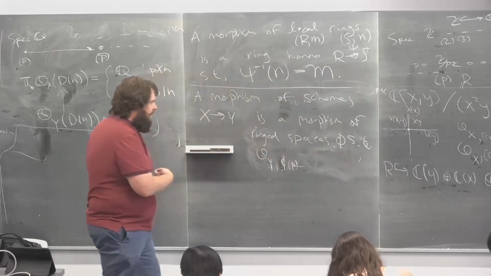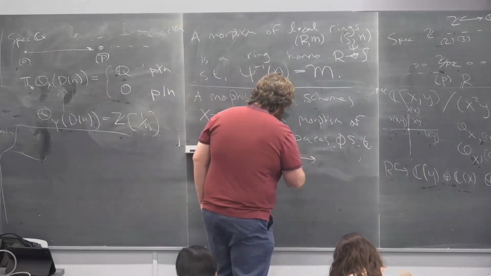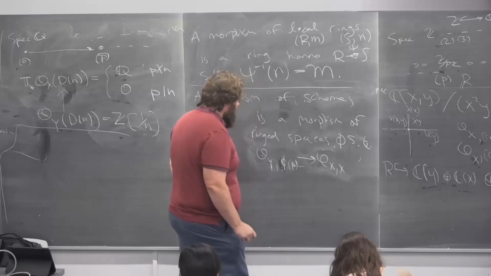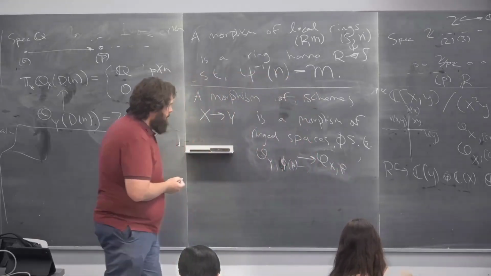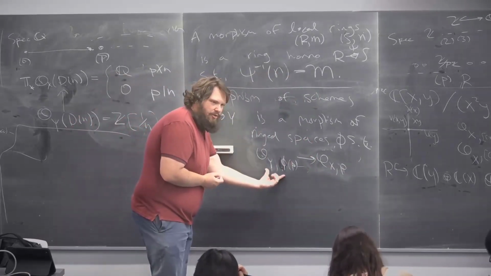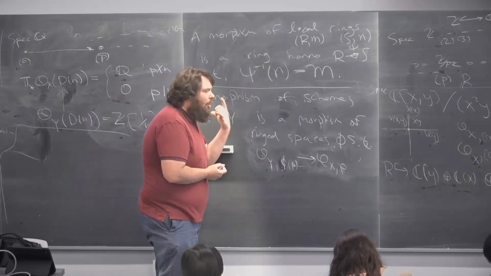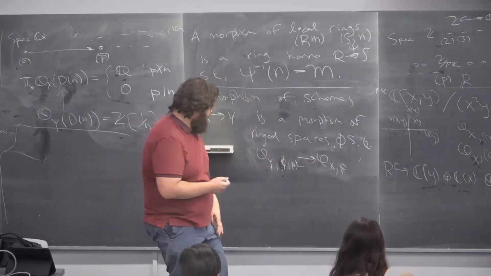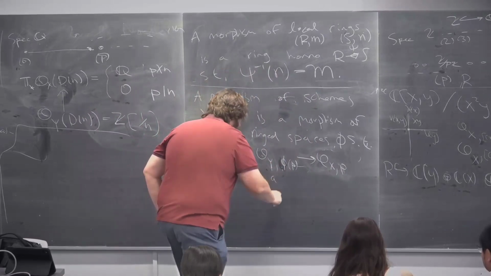So if I look at a point in X and I take its image in Y, the stalk at that point maps to the stalk of X at P, right? So if I have a germ of a section here, I pull that back. That's a section on an open subset containing X. So it gives me an element of this local ring, such that this map is a morphism of local rings.